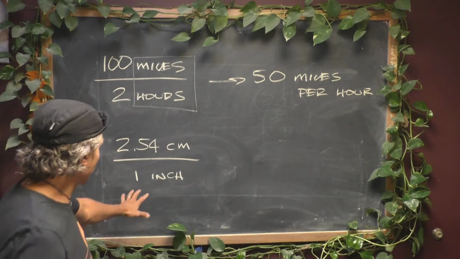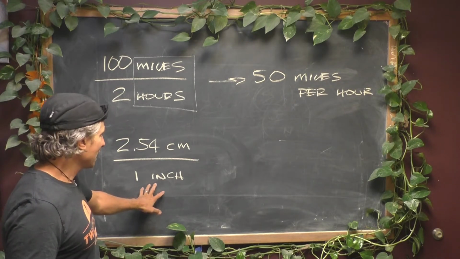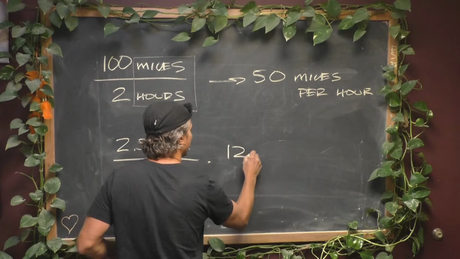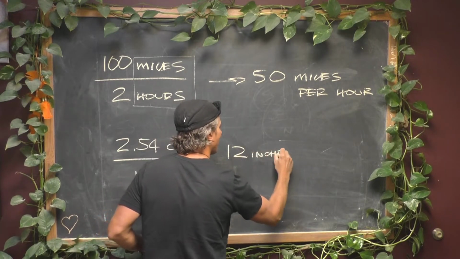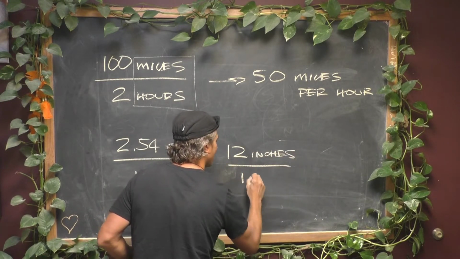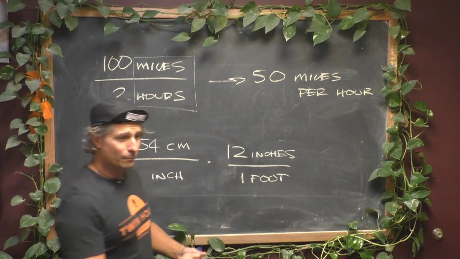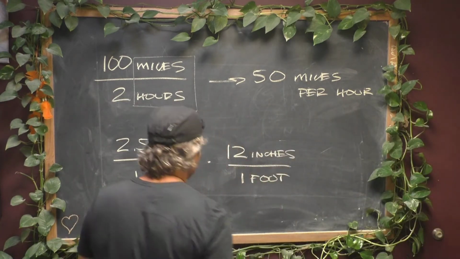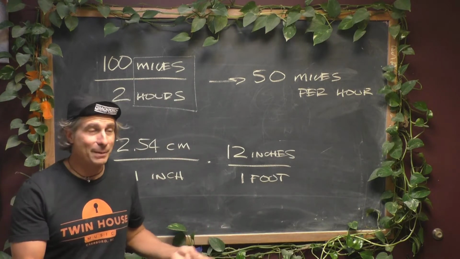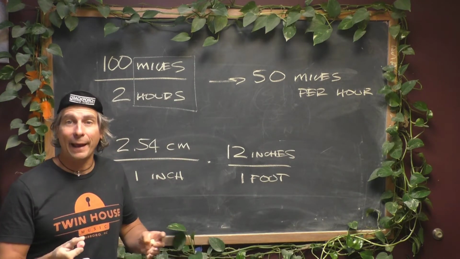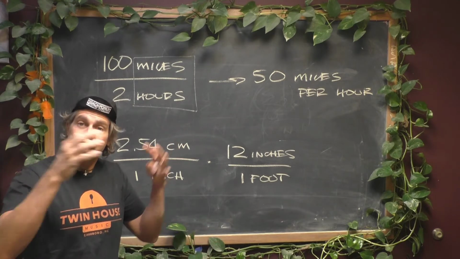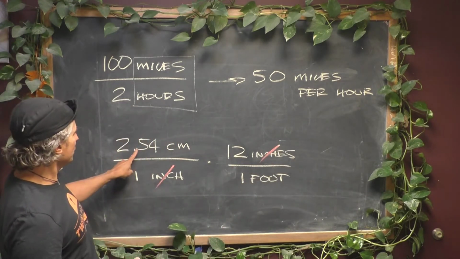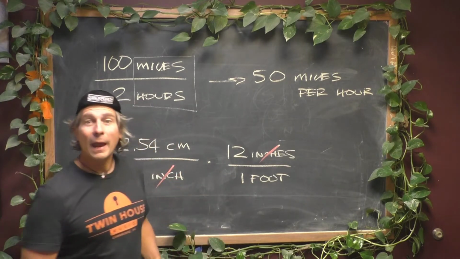So in order to convert inches to feet, we have to do our 12 inches per 1 foot. And this starts to look like a problem from last section, which is totally fine because these sections shouldn't be viewed as exclusive to each other. They tend to overlap. Inches divide off, and you're left with 2.54 centimeters per foot.